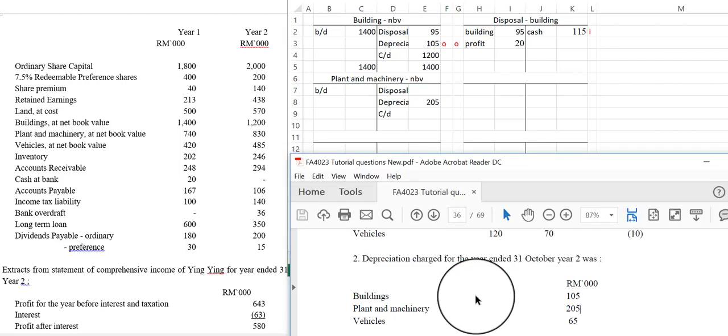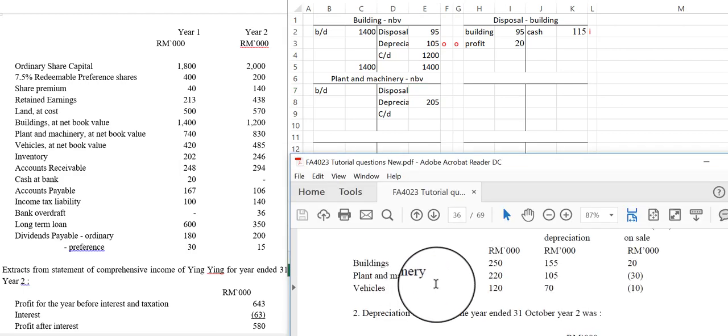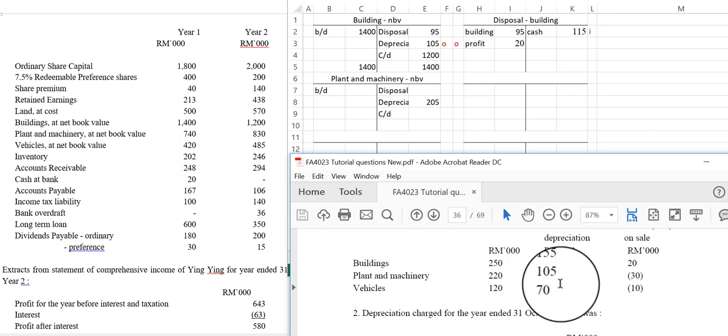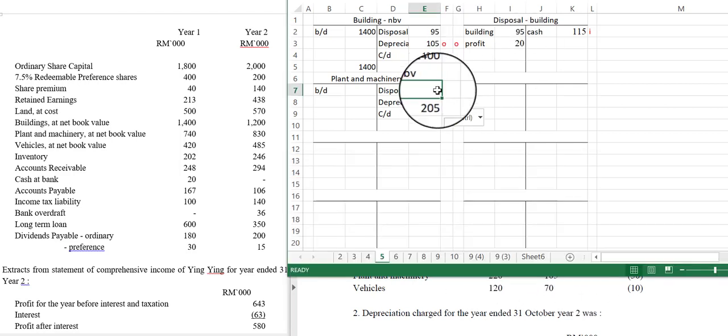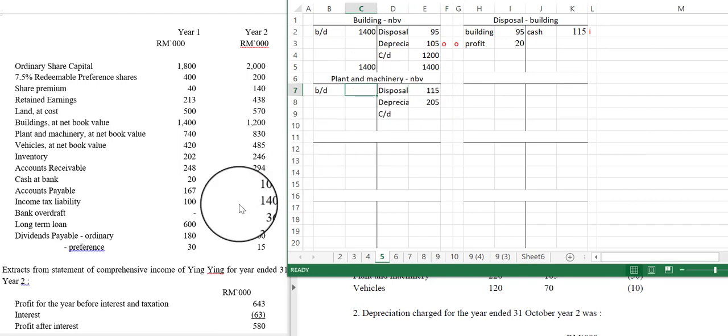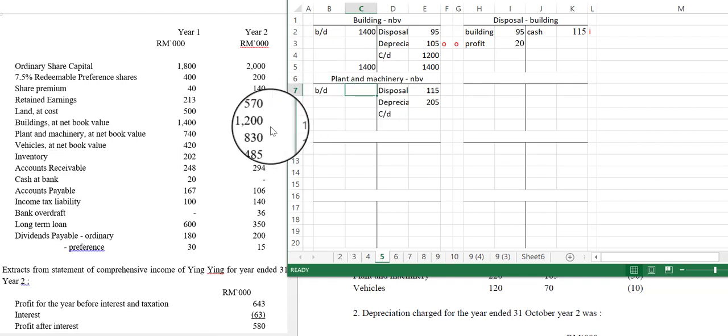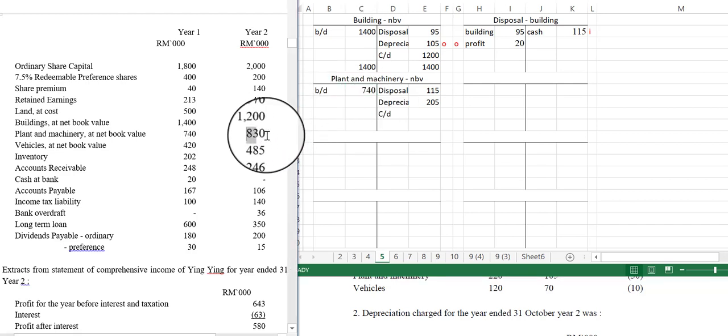For the disposal during this year, your plant and machinery original cost is 220, but the accumulated depreciation is 105, so the net book value is actually 115. Now the opening balance for your plant and machinery is 740, and the closing figure is 1,330.